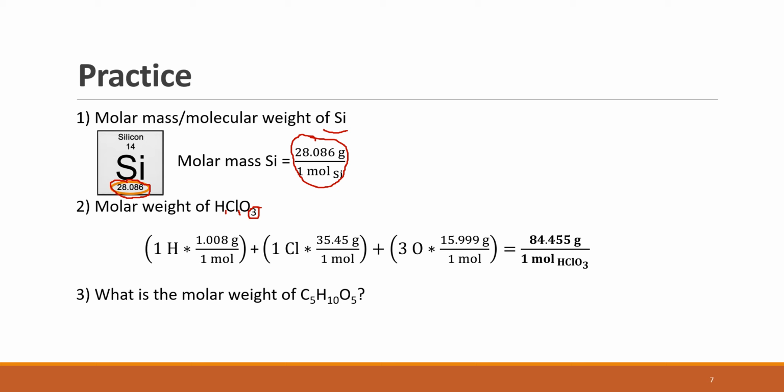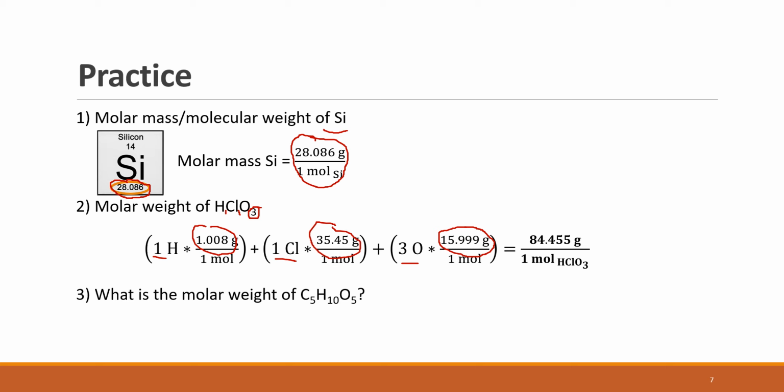So there was one hydrogen atom, so we multiply that by its mass. Chlorine, same thing, one atom of chlorine multiplied by its mass, and then for oxygen, 3 atoms multiplied by its mass. Now I do want to point out the masses that you are seeing on this slide might differ slightly by that last digit depending on what periodic table you're using.